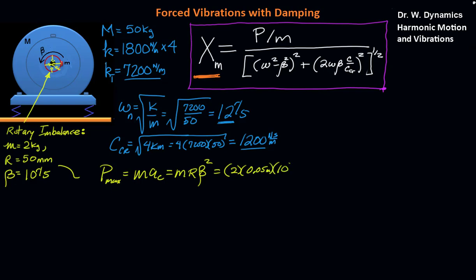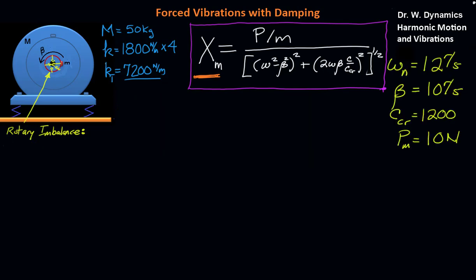And we're spinning at 10 radians per second. That's 100 times 2 times 0.05. We're going to get 10 newtons from that. So P then will be 10 sine of 10t. And that's our driving force, and there's our maximum P, and there's our beta inside this system. And with that, we have all of our background information, which I'll write over here to keep track of it.